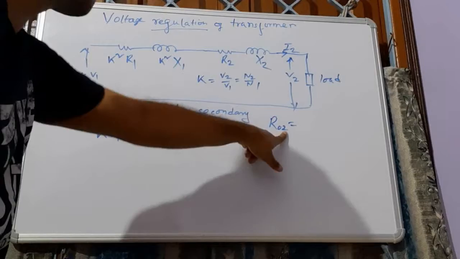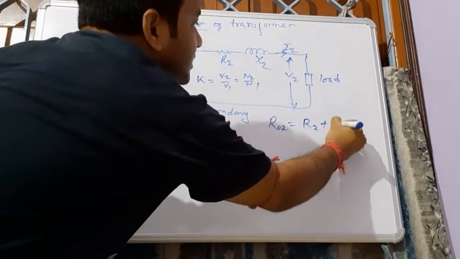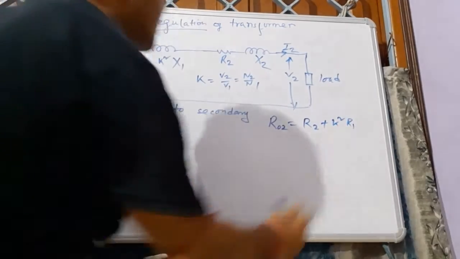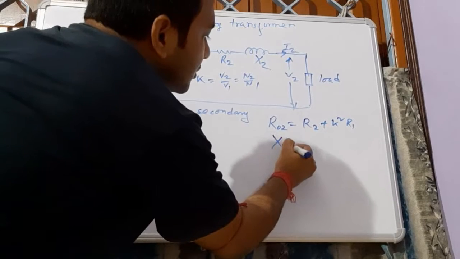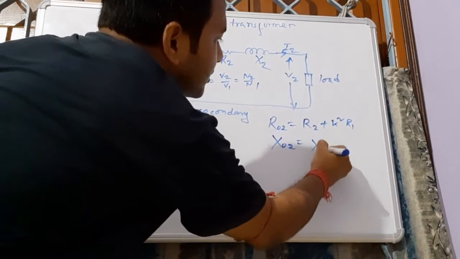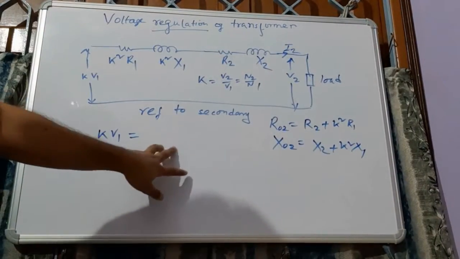So R02 equals R2 plus K square R1, right? And X02 equals X2 plus K square X1, right?